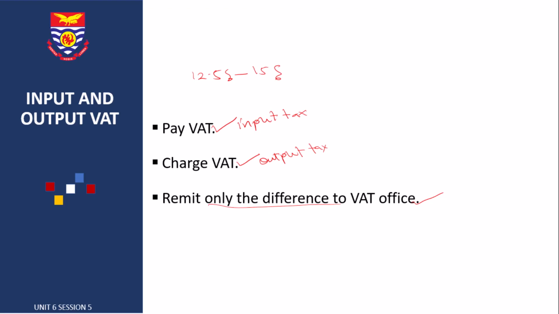The base for charging VAT is the value of all the supply, including the chargeable levies and excluding the deductible VAT. So we have to compute the 2.5% NHIL, the 2.5% GETFund, and the COVID levy of 1% on the value of the taxable supply before computing the 15% VAT on that value.